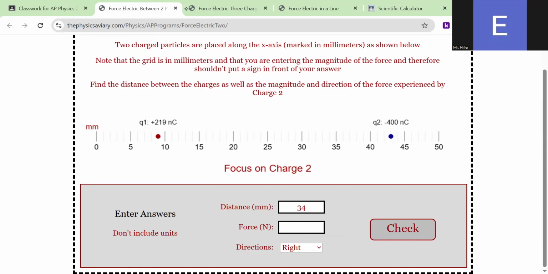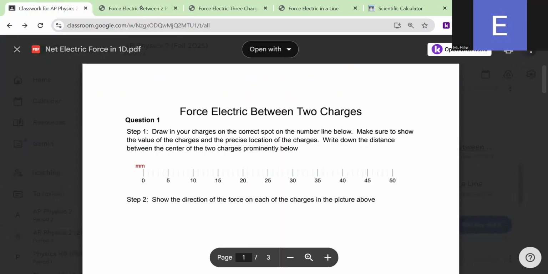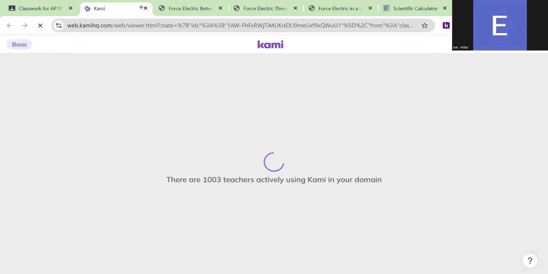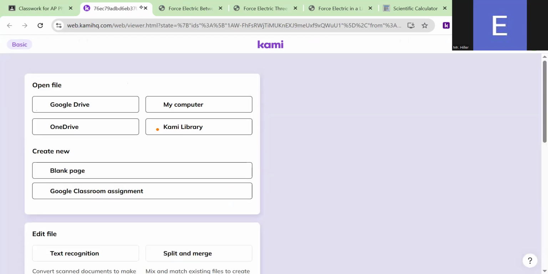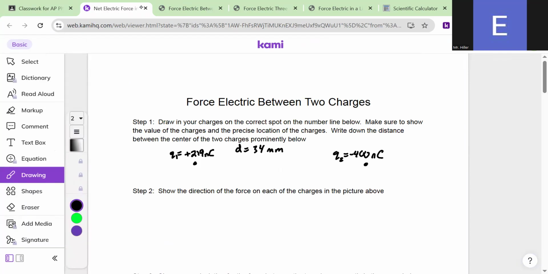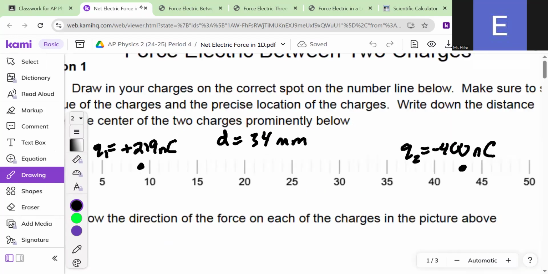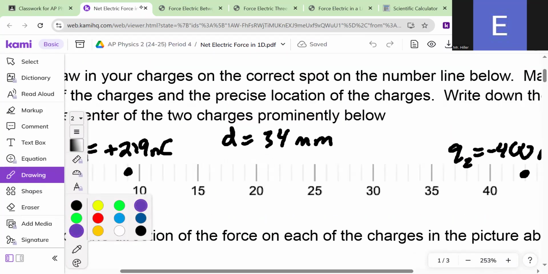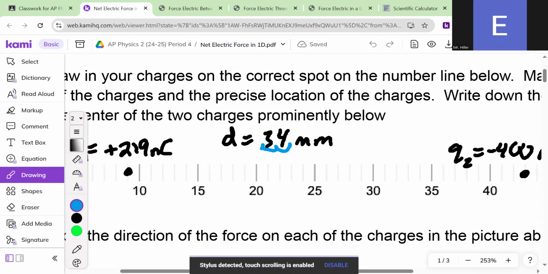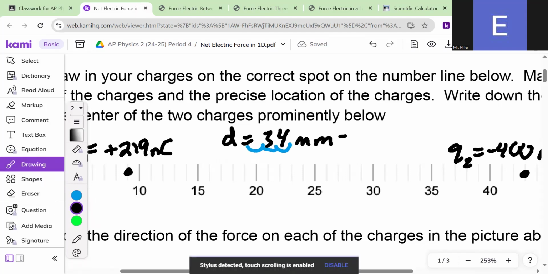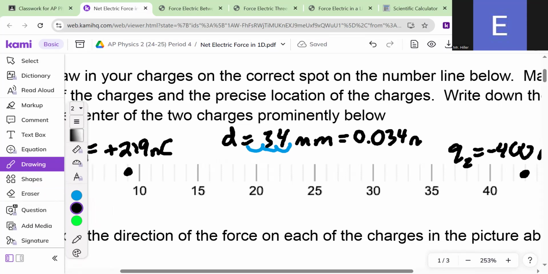But in order to make the electric force calculation happen, you're going to have to convert the distance from millimeters to meters. So don't forget to do that, okay? Move the decimal 3 to the left, and our distance between the two charges is 0.034 meters.